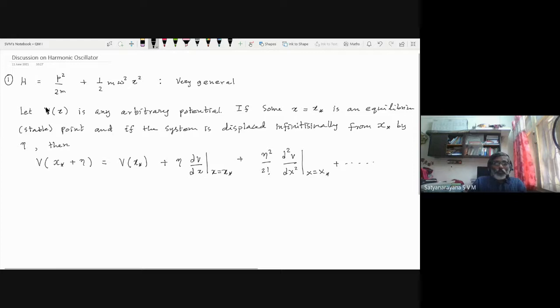Now this first derivative term is equal to 0, since x equal to x star is an equilibrium.